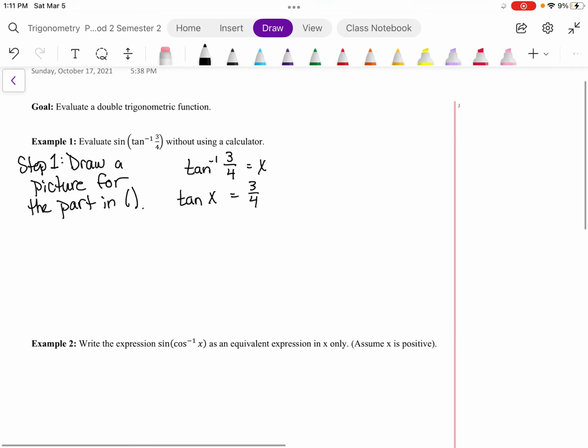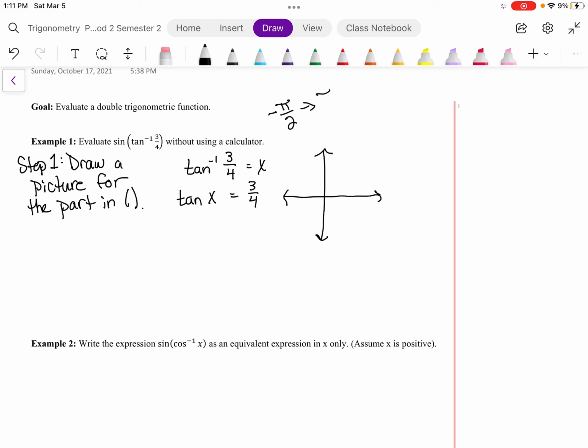Okay. So we know tangent of a value equals 3/4. And because of the restrictions on our inverse tangent, which is -π/2 to π/2, and tangent is a positive value, we know it's going to be in the first quadrant.